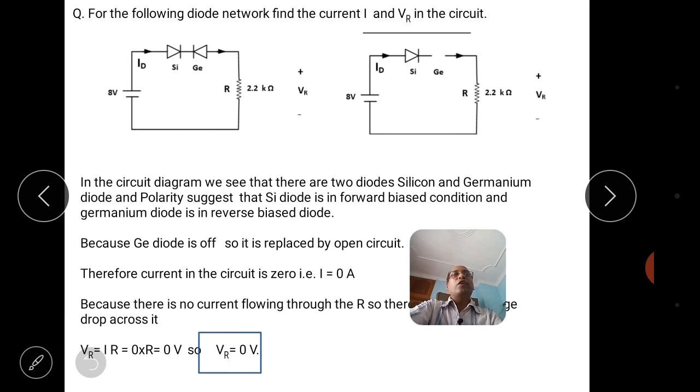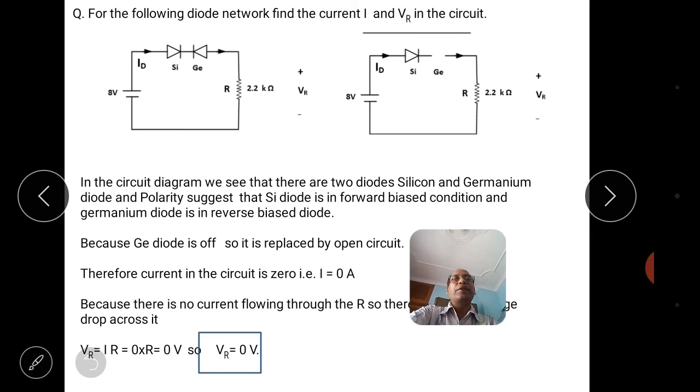For the following diode network, we have to find the current I and voltage across the resistance R. In the circuit diagram, we see that there are two diodes, silicon and germanium diode, and polarity suggests that the silicon diode is in forward bias condition and the germanium diode is in reverse bias condition.